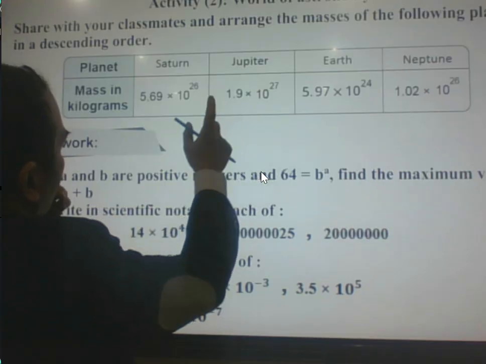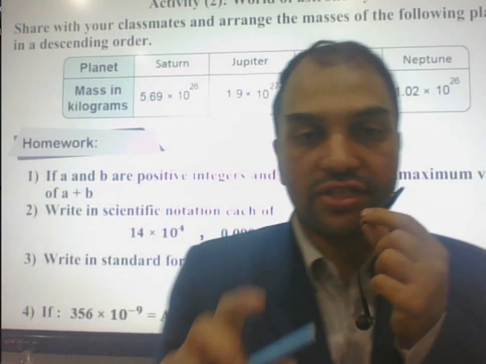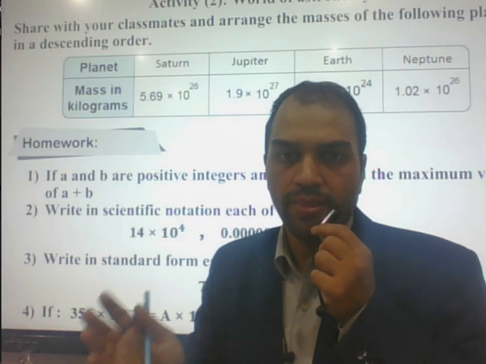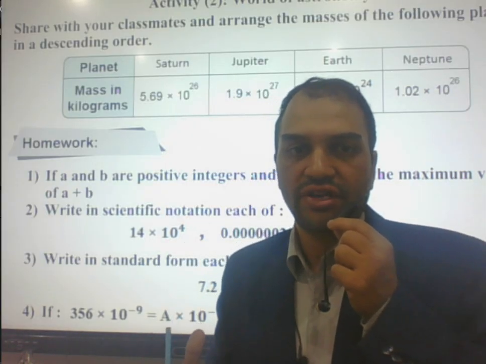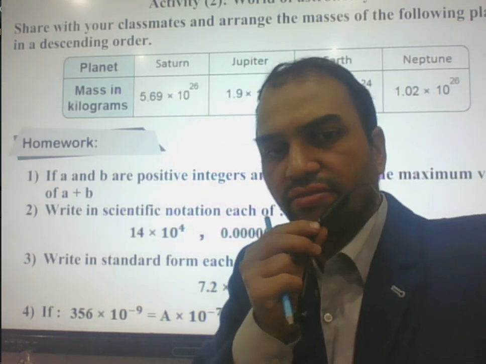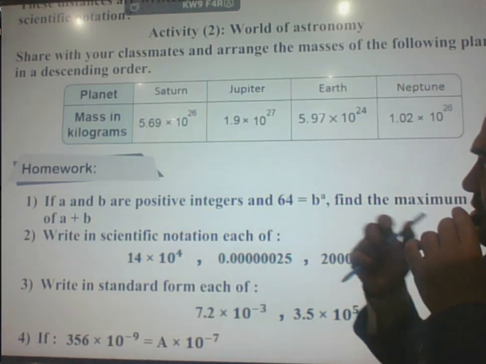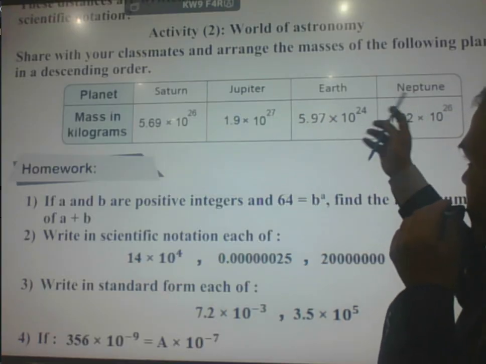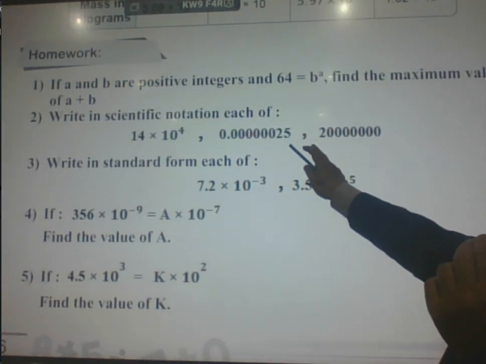We must know in scientific notation the first number lies between 1 and 10, and can also equal 1. And the second number, we write as 10 power a number. The absolute value of the power lies in a number like 27, 26, a number in the power. But the base must be 10. So you can solve the example here.